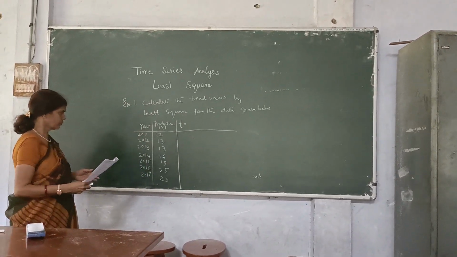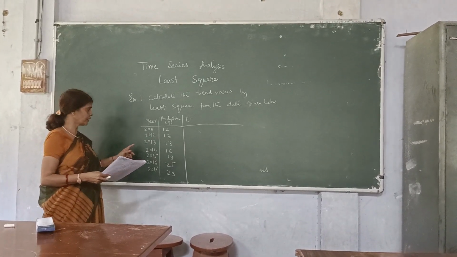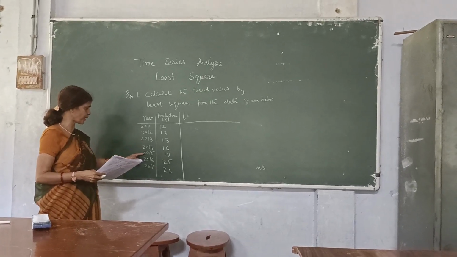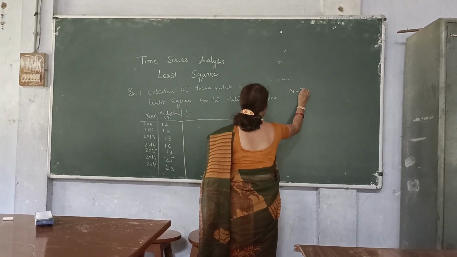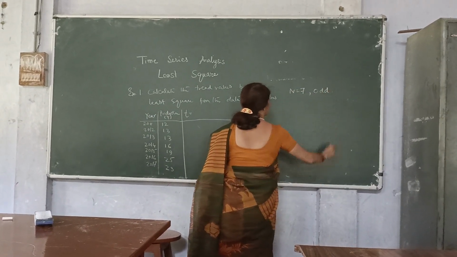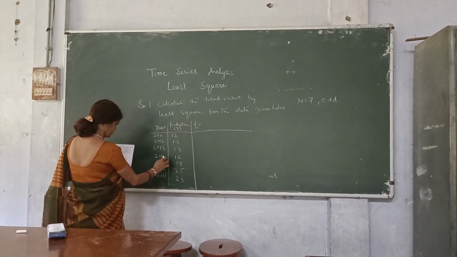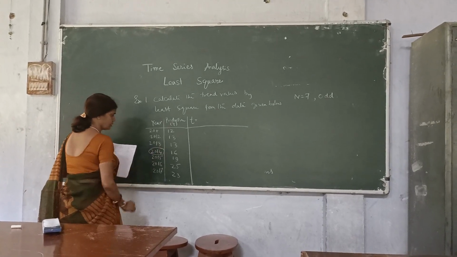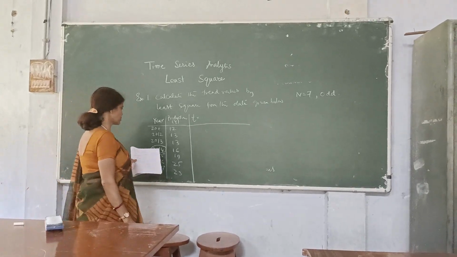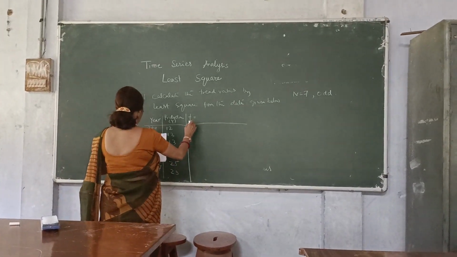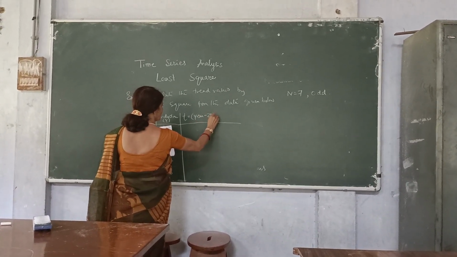Now before finding T, let us find whether n is odd or even. Now n here it is 1, 2, 3, 4, 5, 6, 7. So n is 7. So it is odd. Now in this case 2014 is considered as the point of origin. So T will be year minus 2014.